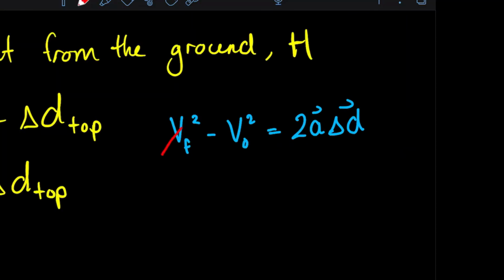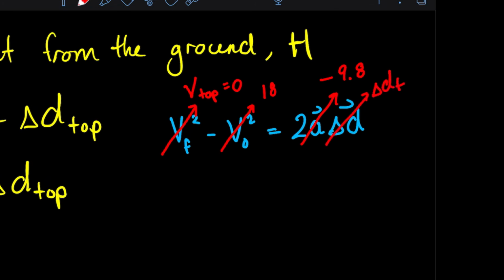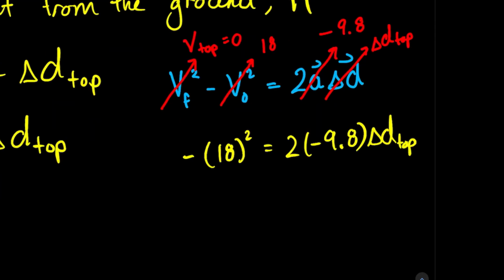The final velocity is actually the velocity at the top, which we said is 0 because that's when it is momentarily at rest. Our initial velocity is up, so it's positive 18. Our acceleration is due to gravity pointing down, so negative 9.8. And our displacement to reach the top, we call delta D top. So it's a positive value because the displacement vector pointed up. Let's now rewrite this. Notice that we can cancel out the negative on both sides of the equation.